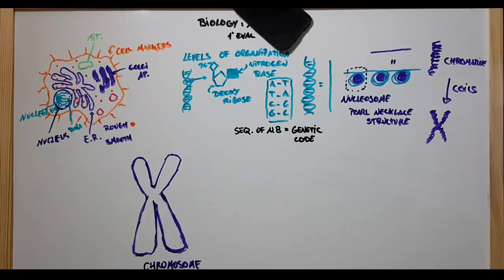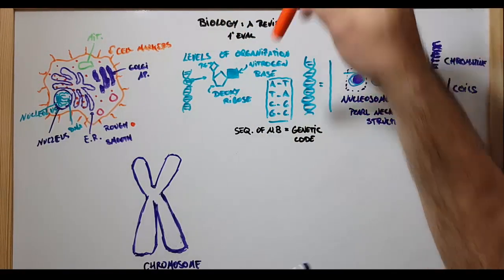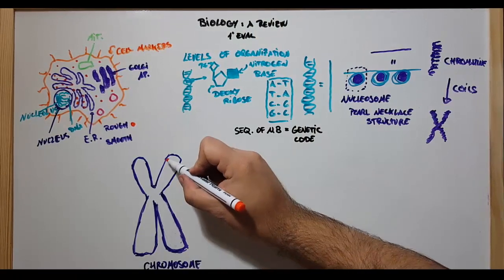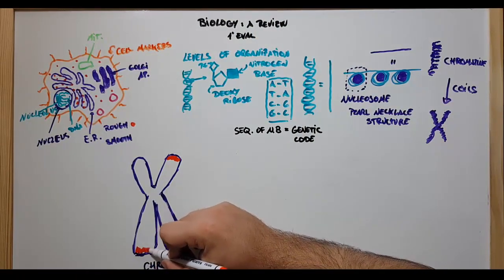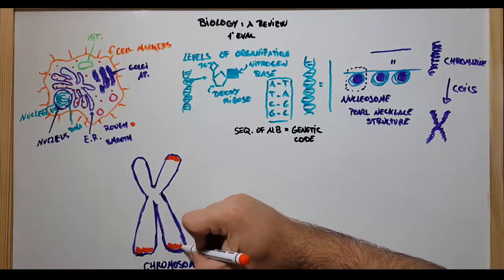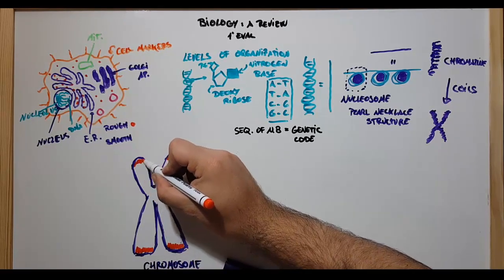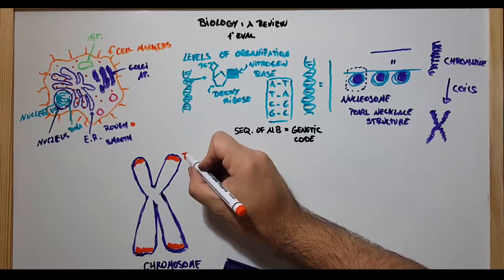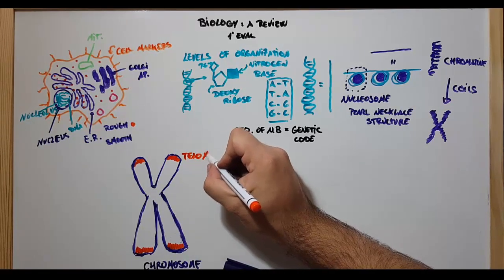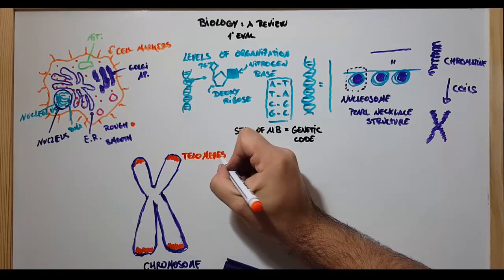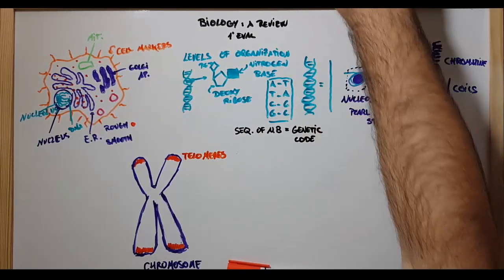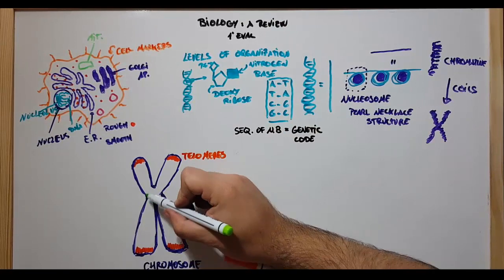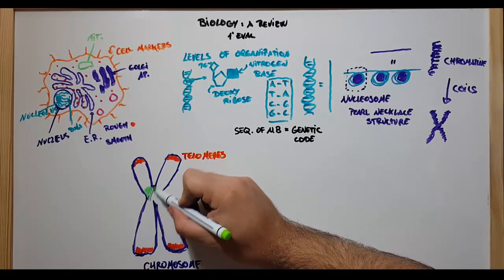So this is a chromosome, okay? The chromosome has structures at the ends here, here, here, and here. They're called telomeres. Then it has another structure here at the center.